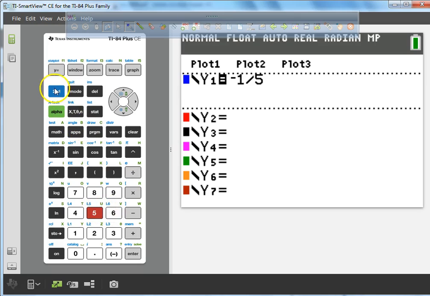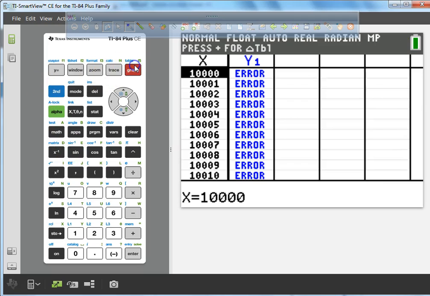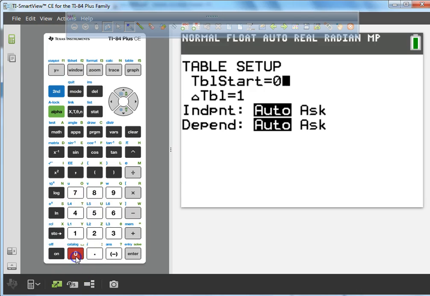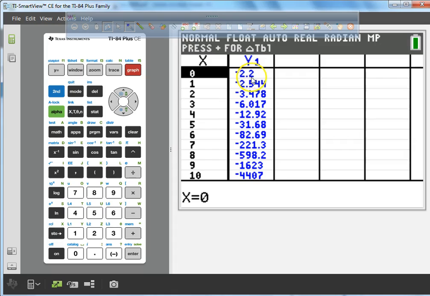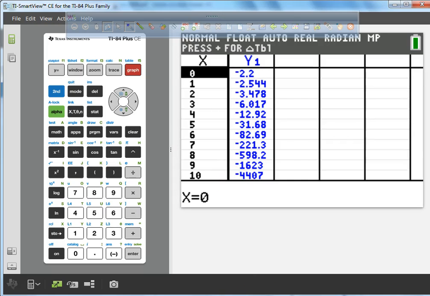I'll help you out in just a second. e to the power of x, and then there's what? A minus 2, like that. Oh, you need to start at 0. There it is, negative 2.2. So what is this? That represents our what? Y. That's our y-intercept. Okay?